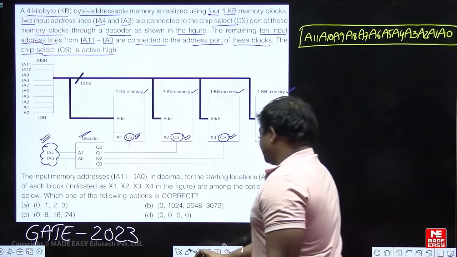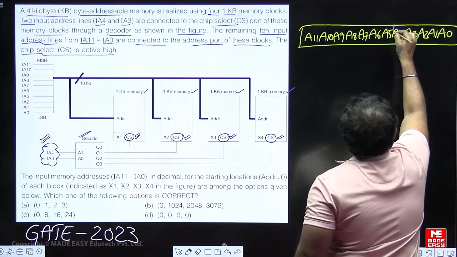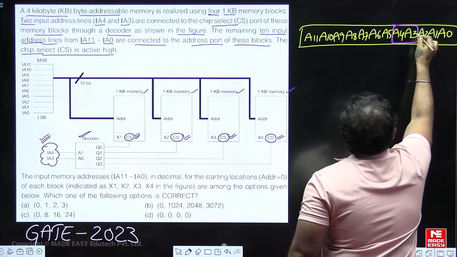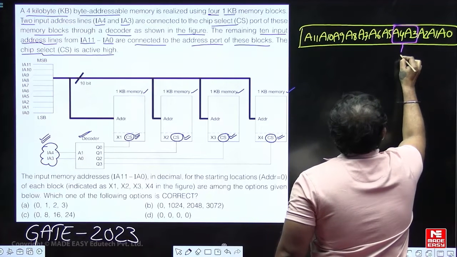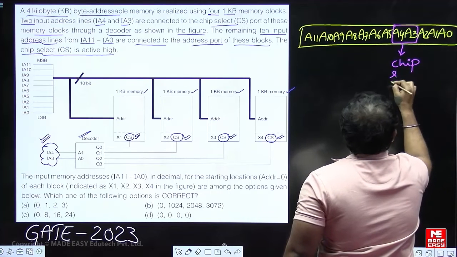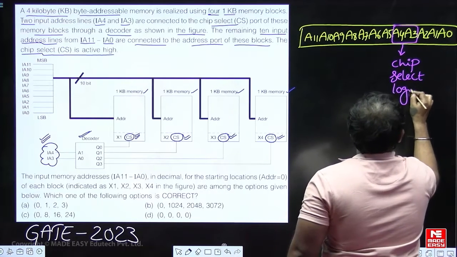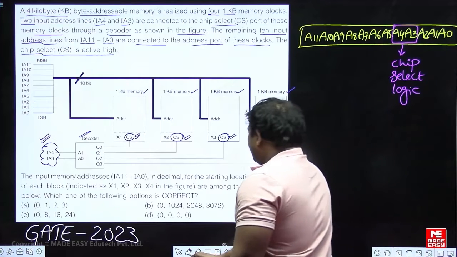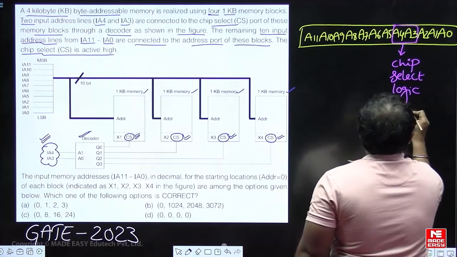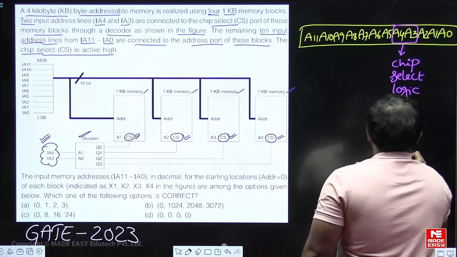Of the 12 address pins, 2 pins, A3 and A4, are connected to the decoder. They are used as chip select logic. Straight away, these are the chip select logic pins. 2 pins have a total of 4 combinations: 0 0, 0 1, 1 0 and 1 1.